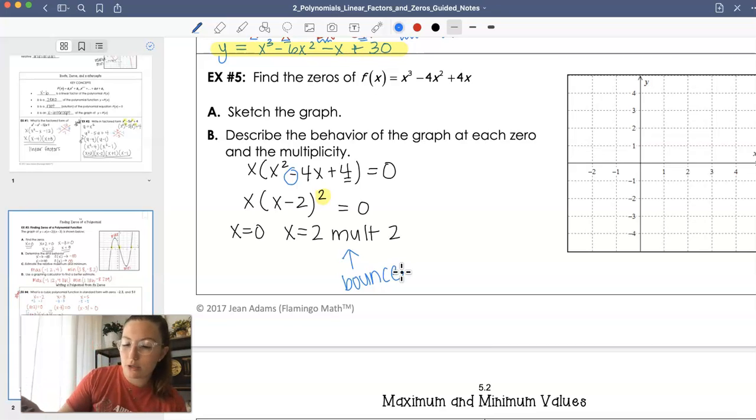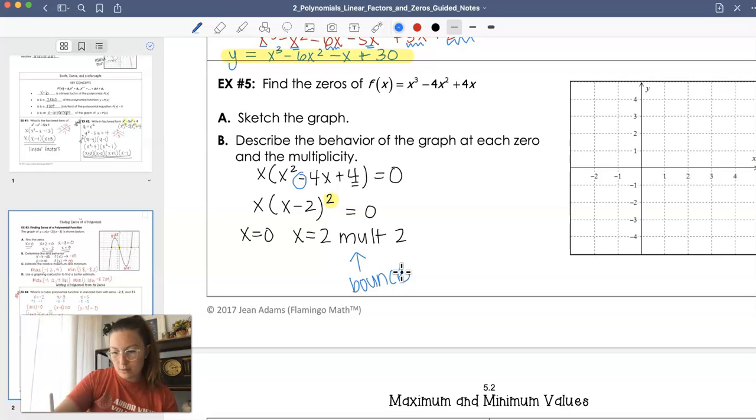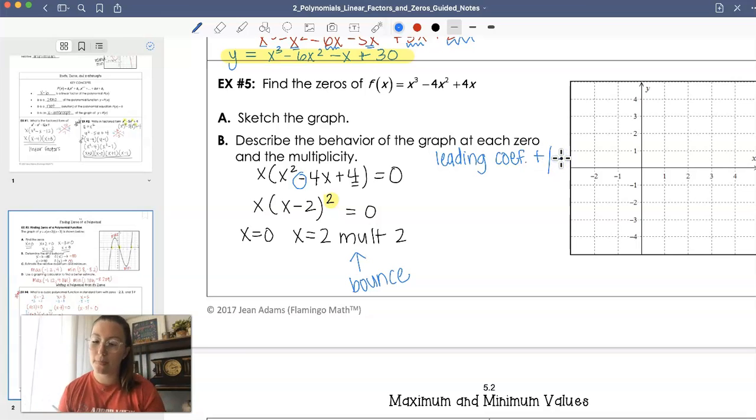So maybe we should write that down. We're going to look at the leading coefficient. Is it positive or negative?